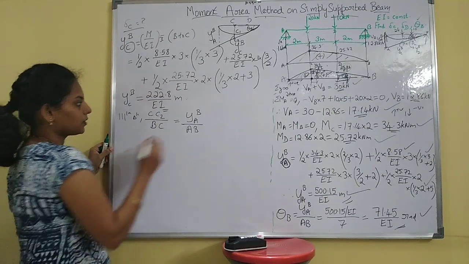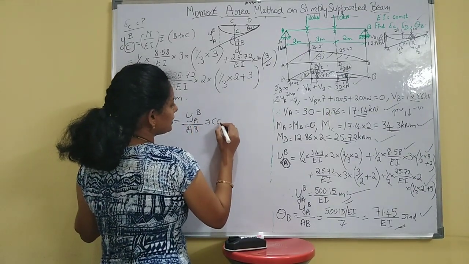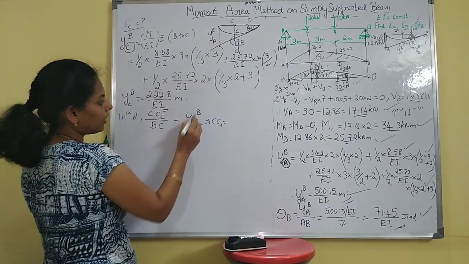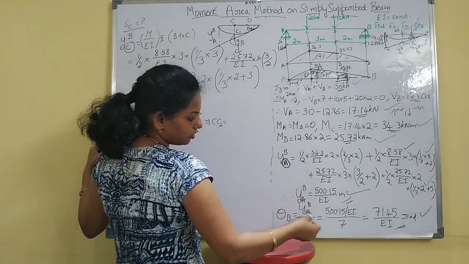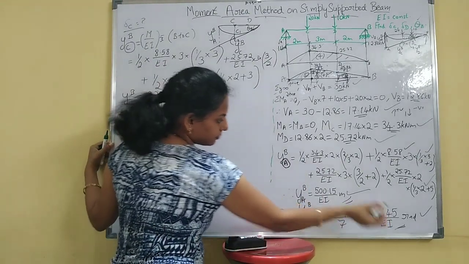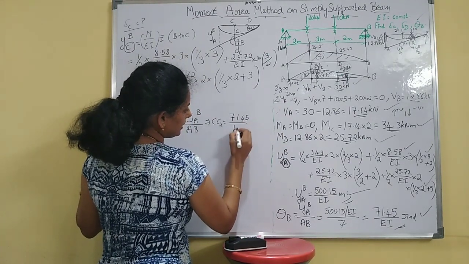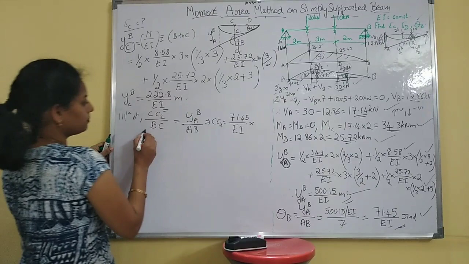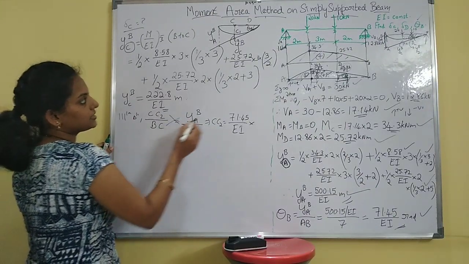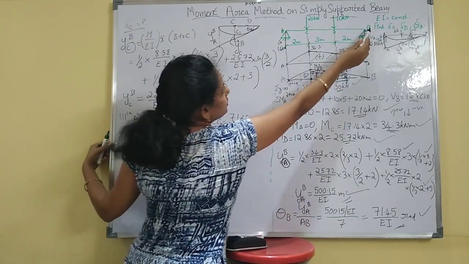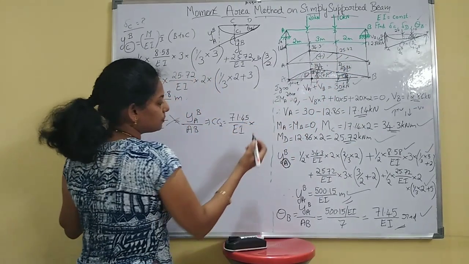Okay, from this you can calculate CC2. CC2, Y A B by AB you already found, that is Y A B by AB, that is nothing but 71.45 by EI into BC cross multiply. BC is how much? B to C. BC distance is 3 plus 2, that is 5.